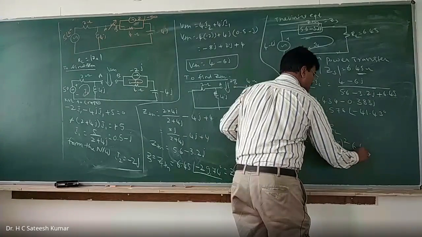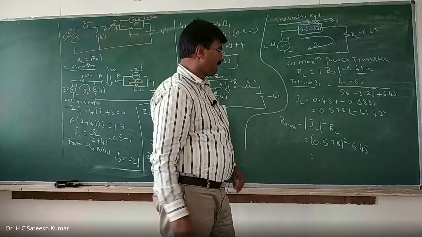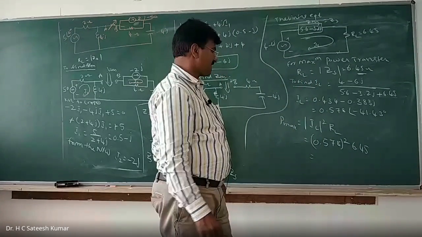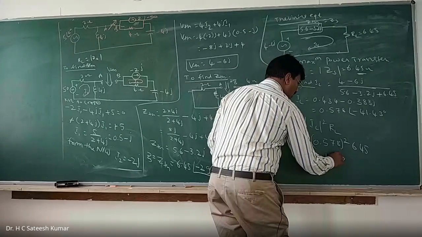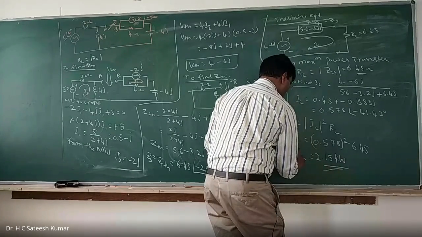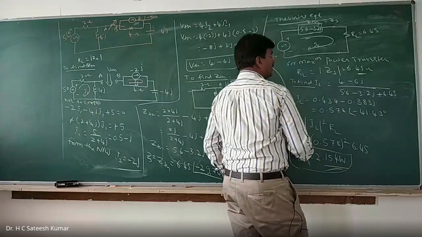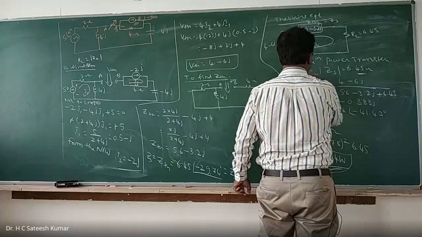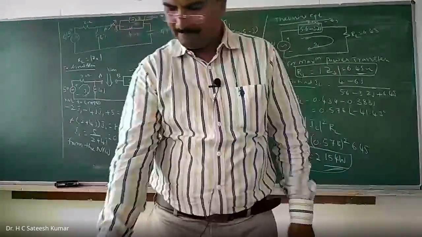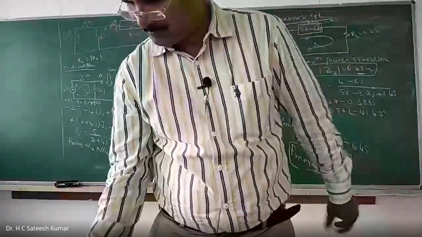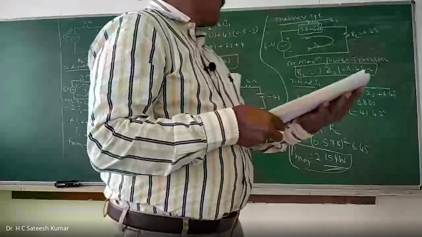How much is that? 2.154 watts is the maximum power transfer, P max. That is the one we have said. And what is the maximum value of RL? This is the answer we are expecting, right? So that's about the problem on the second case that we had. So 2.154 is the right answer.